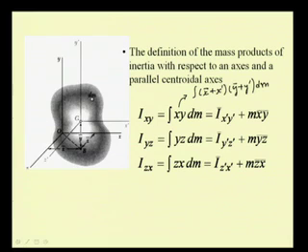So, now if I take the products and see, I have x bar y bar integral dm, which is, integral dm is mass. So, we have m times x bar y bar.